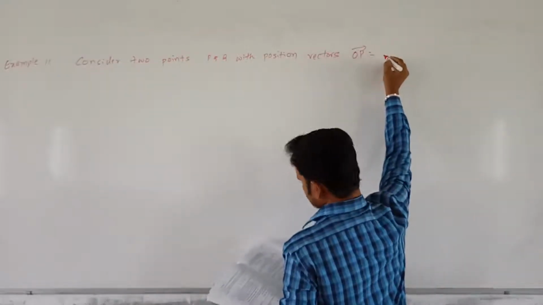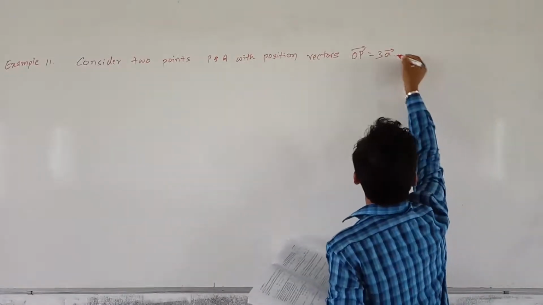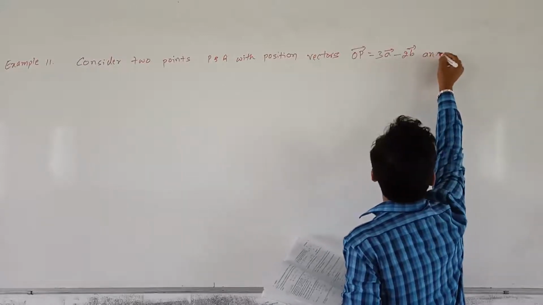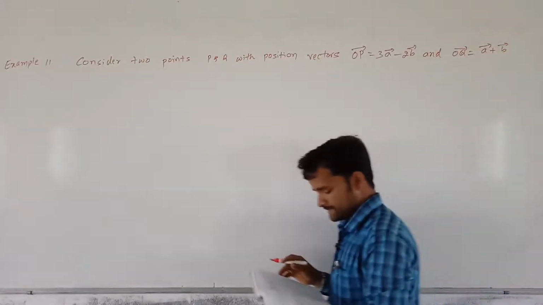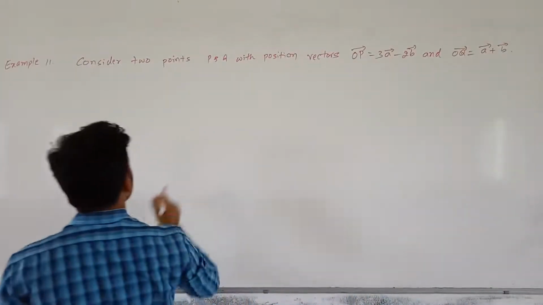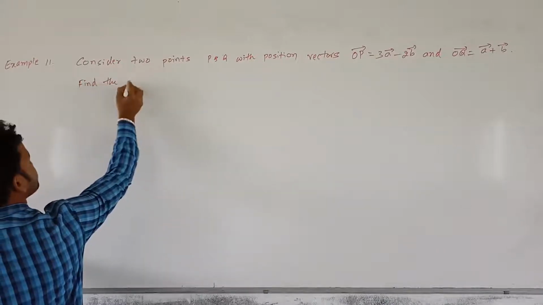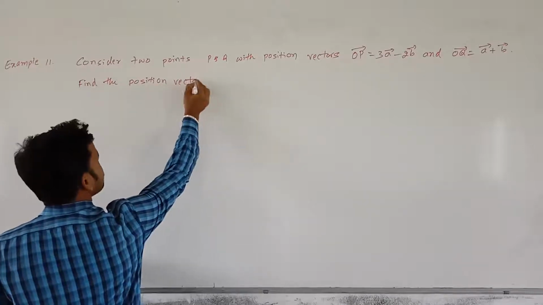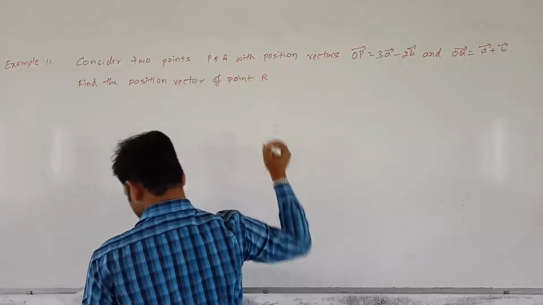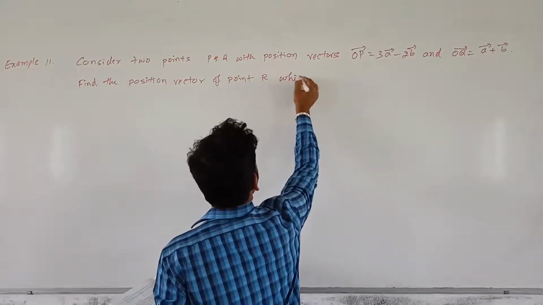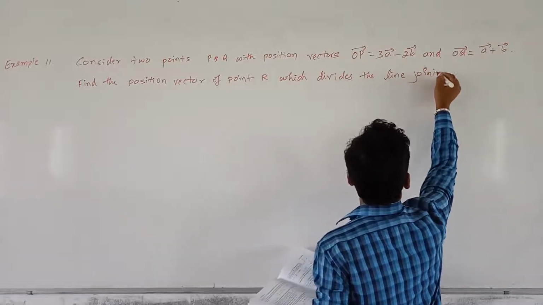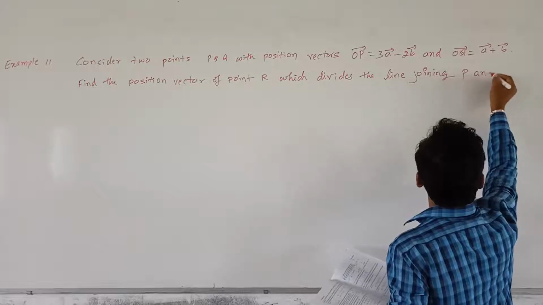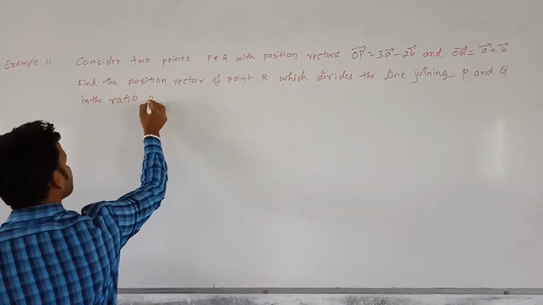Vector OP is equal to 3a minus 2b and vector OQ is equal to vector A plus vector B. Find the position vector of point R which divides the line joining P and Q in the ratio 2:1.